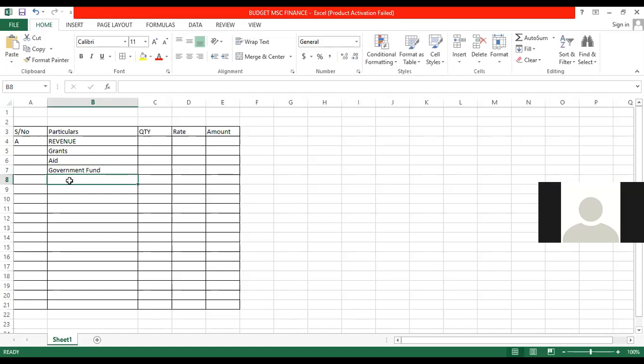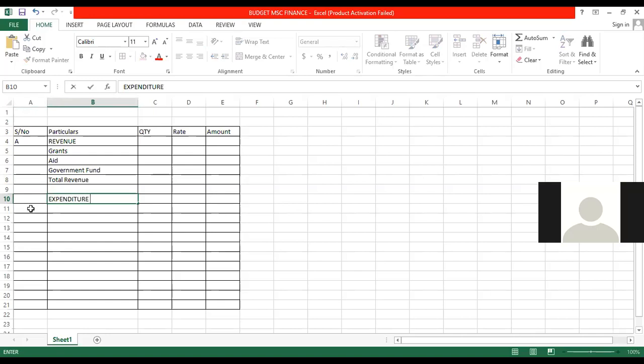Then we can determine the quantity, how much we get from there. Here we can get the total revenue that we have. Okay. Now, in terms of expenditure, we are just reminding ourselves, this is our expenditure.